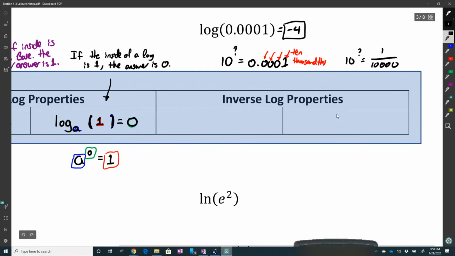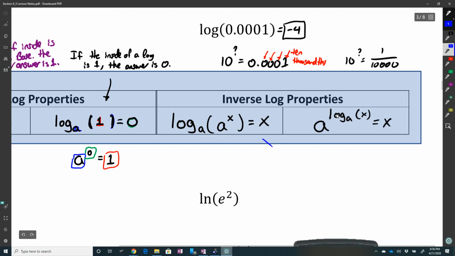Now, inverse log properties takes from the fact that a log base a of a to the x is equal to x, and here a raised to the log base a of x is equal to x.